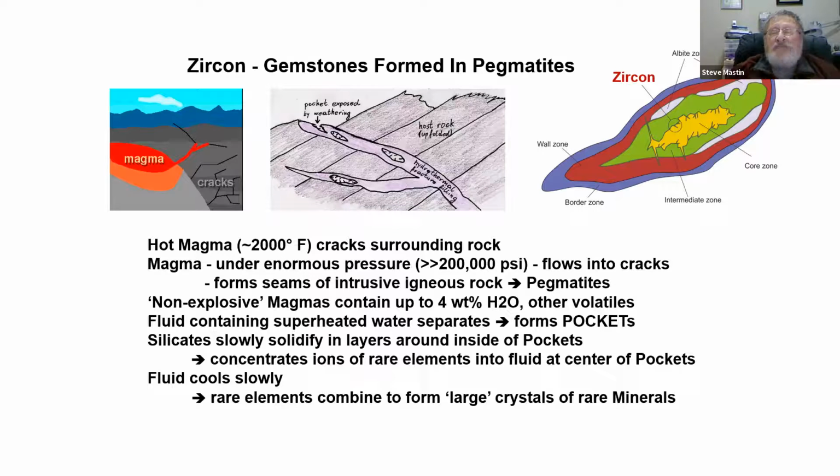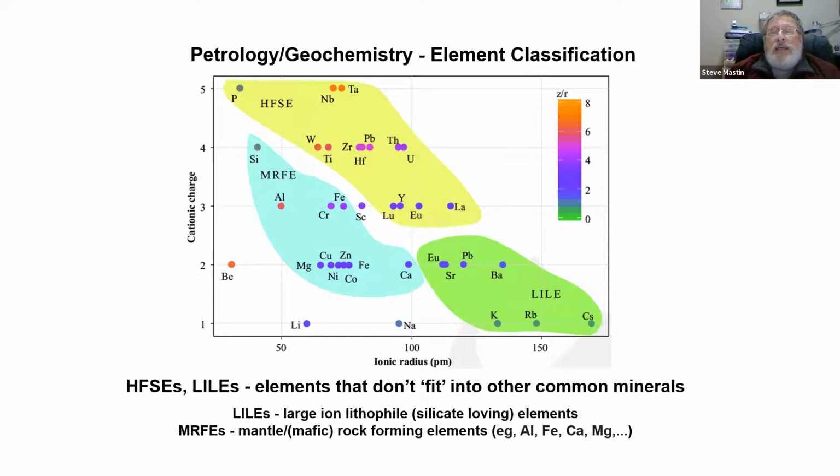And then as that fluid cools, those rare elements are forced to combine to form rare minerals. And usually, because that cooling is slow, you end up with large crystals, in the sense of large being big enough to cut gems from them. Now, in the case of zircon, it's not quite that simple.